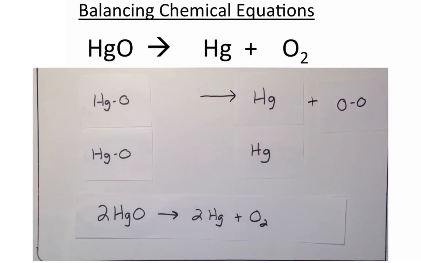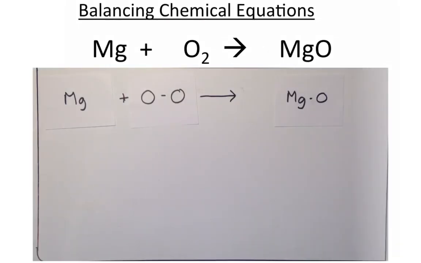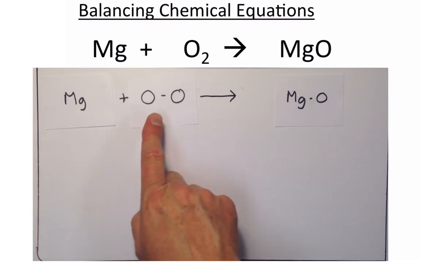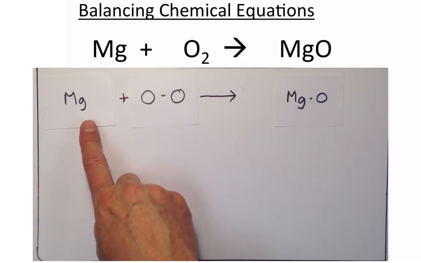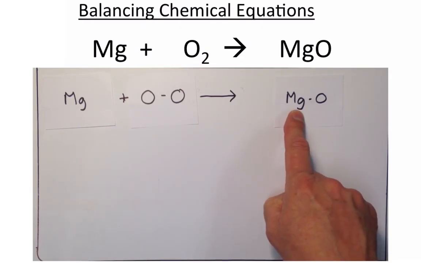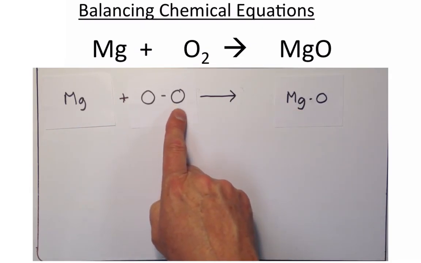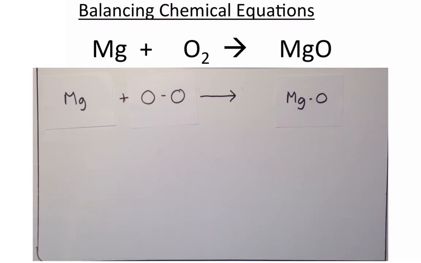yields 2 Hg plus O2. So in this reaction, I have magnesium plus oxygen yields magnesium oxide. I have one magnesium on one side of the yield sign, one magnesium on the other. Two oxygens, only one, which means I'm going to have to add another magnesium oxide to this side.